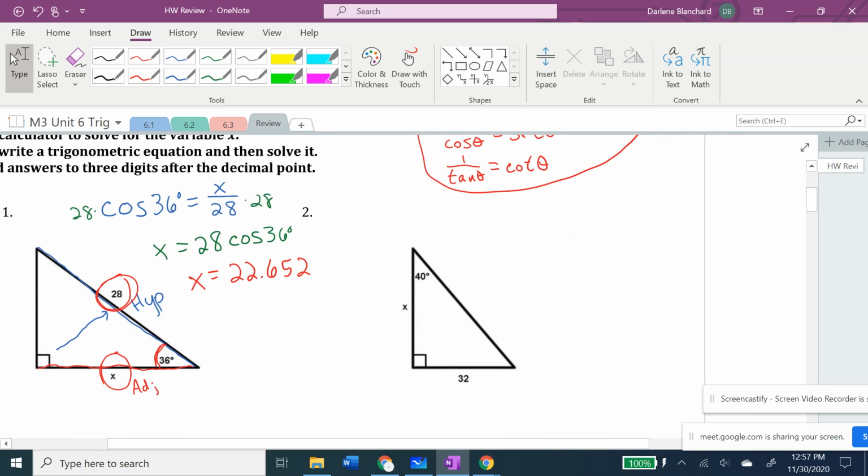All right, now continuing to use a calculator, let's take a look at number 2. You have that x is this side, which is one of the legs, and it helps make the angle 40 degrees. So that is an adjacent side.